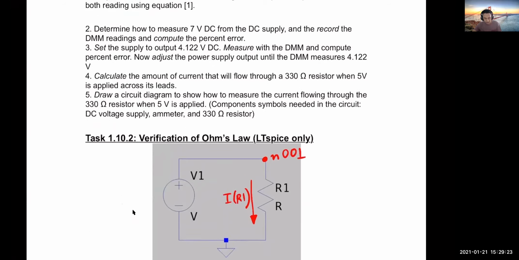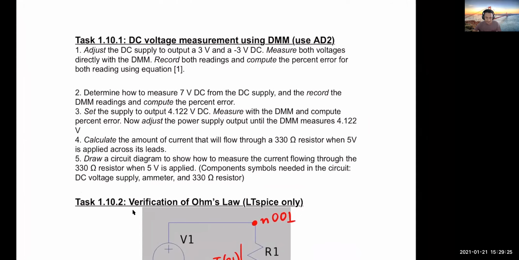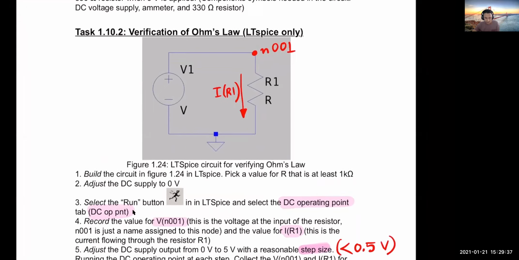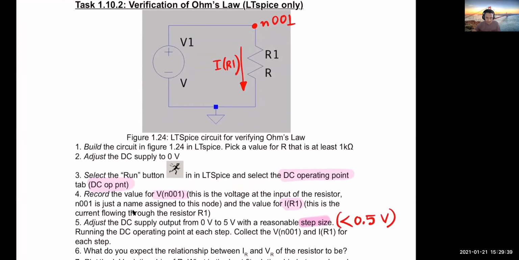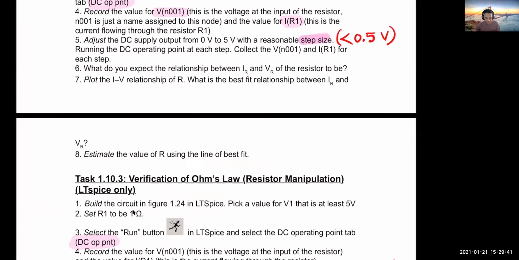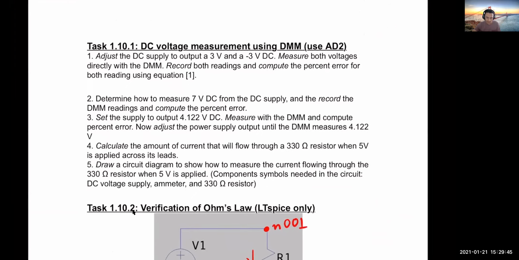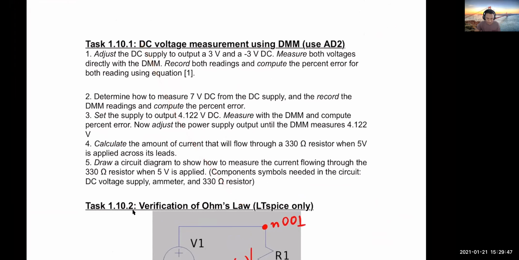For those of you who do not have either the 82, the kit, or the DMM, you will just do the two LTspice tasks, task 2 and task 3. There's a different document, but it's just the document with task 1 removed.